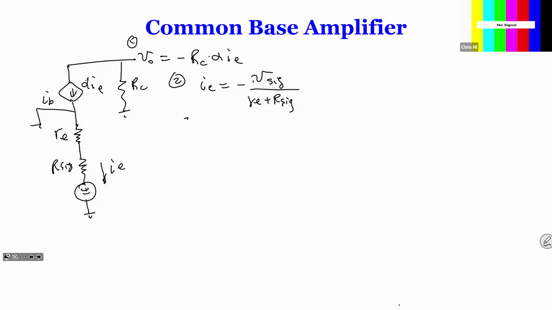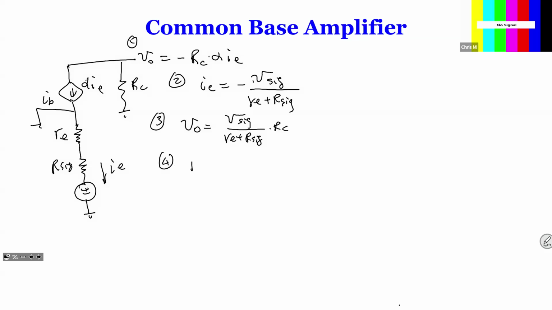So now we got IE, and of course, step 3 will be simply plugging it into VO. So minus and cancel. We have VSIG over RE plus RSIG times RC.